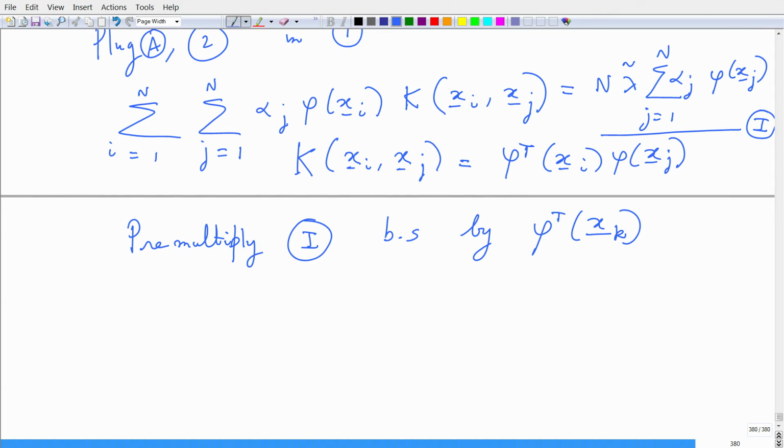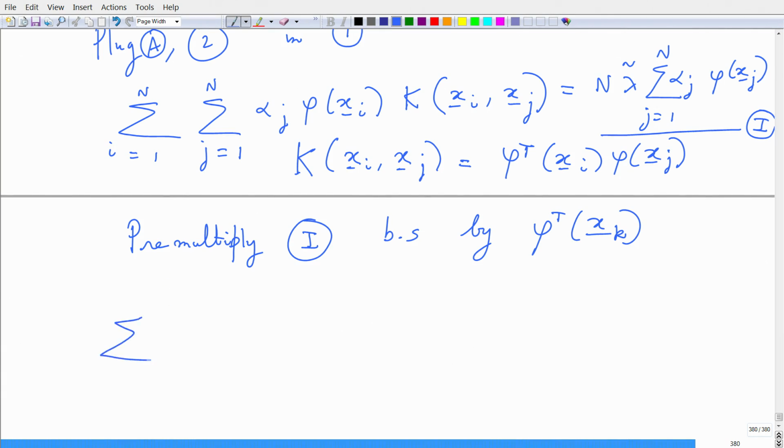You can clearly see that this is a scalar because it is an inner product. Now I have phi of xi times phi transpose xk, and that I can realize using my kernel definition.